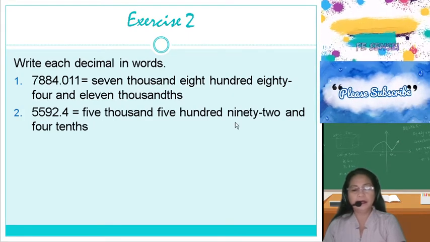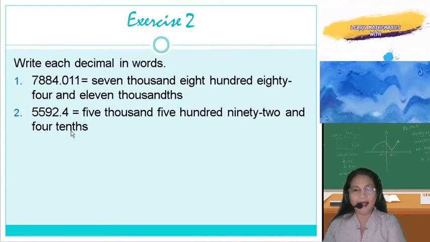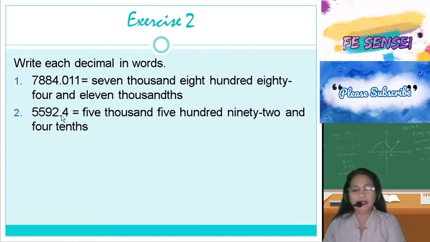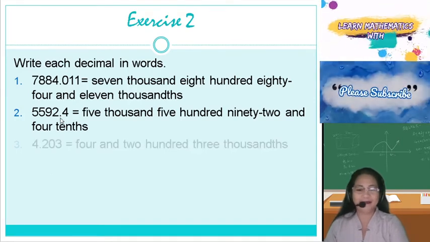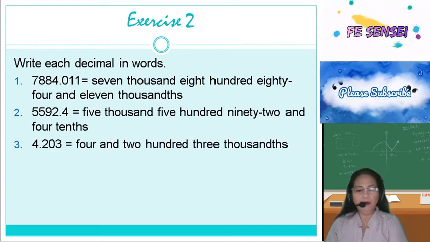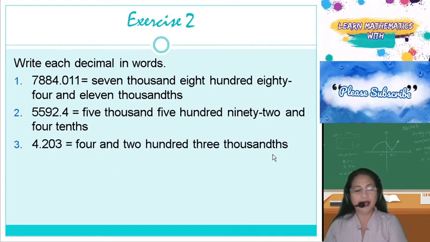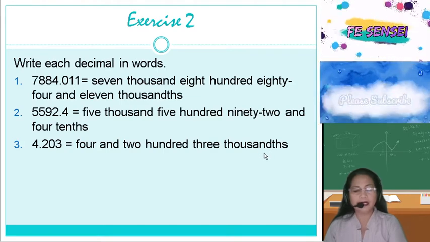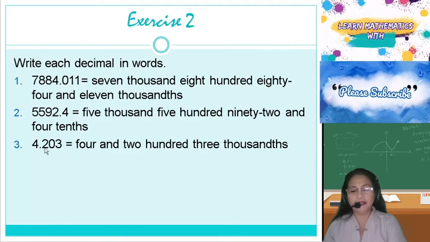5,592 and 4 tenths. Why tenths? Because there is only 1 digit after the decimal point. 4 and 203 thousandths. Thousandths because there are 3 digits after the decimal point.